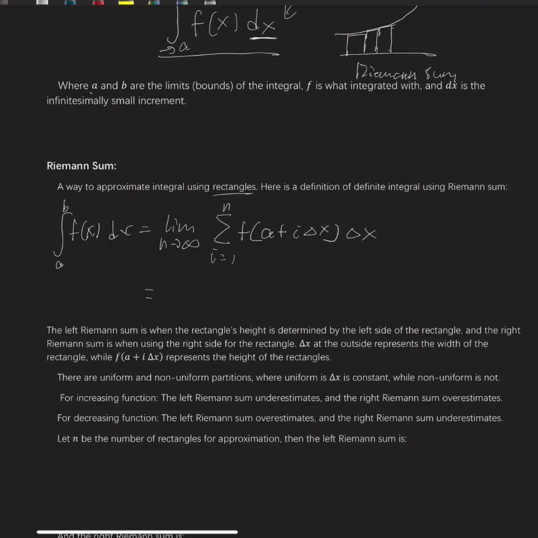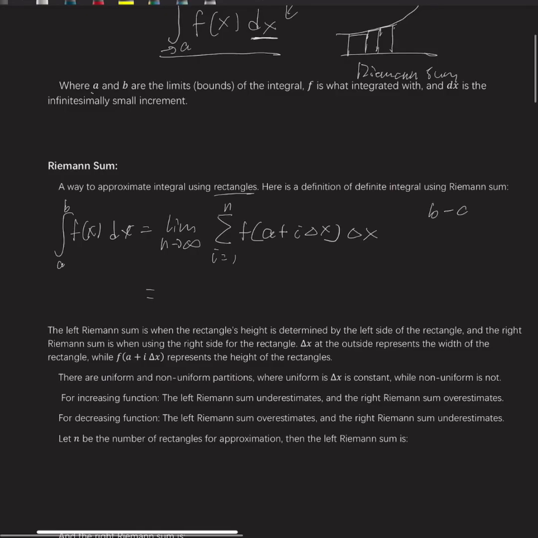So if you expand delta x, it's actually (b minus a) over n. Delta x is the small increment. b minus a means the total range from a to b, and n means the number of rectangles, so this is just the small width of a rectangle.